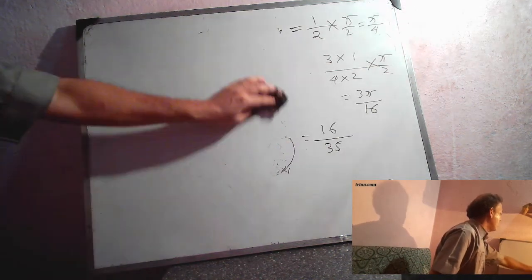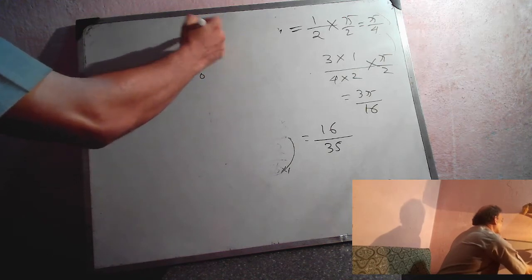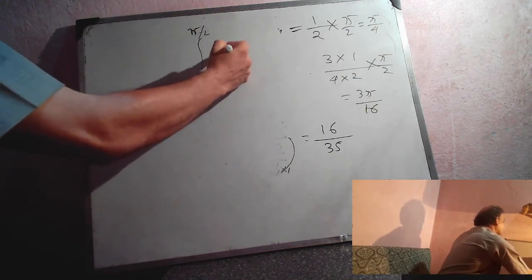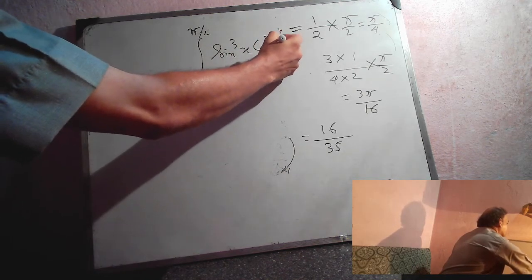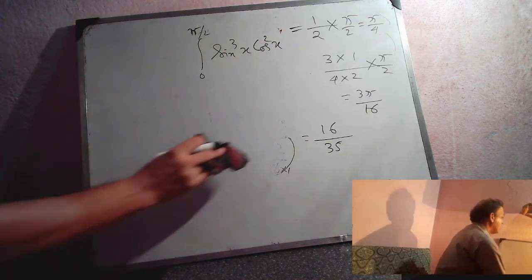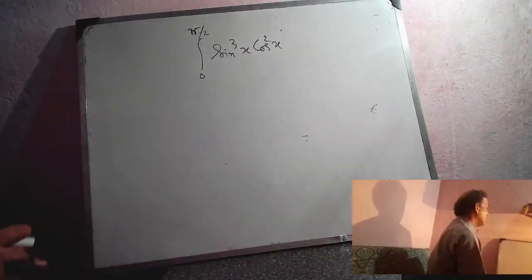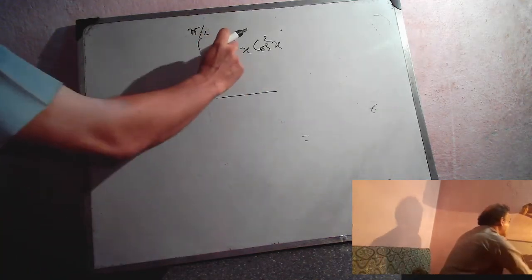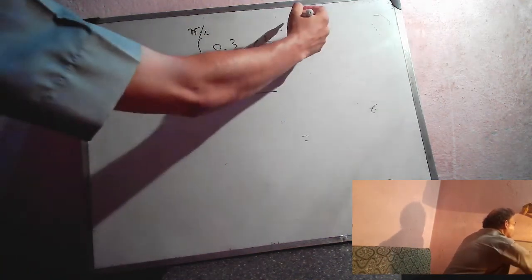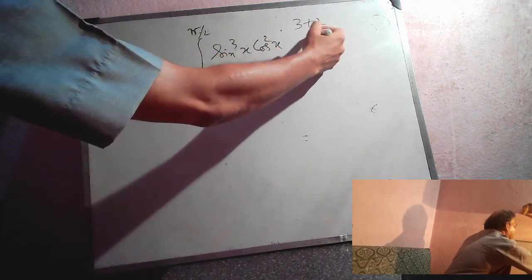If both sine and cos are present, suppose 0 to pi by 2 sine cube x cos square x, what will be its value? First take the sum of 3 and 2, the power of sine and the power of cos, and add them. This is 5.